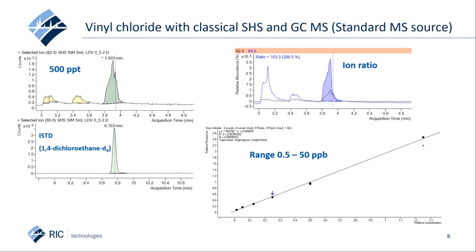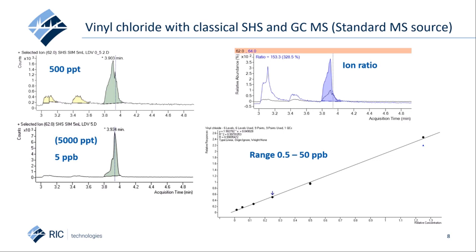This analysis, often done in a routine using a standard MS single quad source, even with a split injection and so a faster transfer towards the column, still shows at the 500 ppt level, but even so at the 5000 ppt or 5 ppb level, the contribution of the injection to band broadening. Calibration can be perfectly done in the 500 ppt to 50 ppb range, using a proper internal standard, but ion ratios, especially in the low range, can sometimes be out of spec.